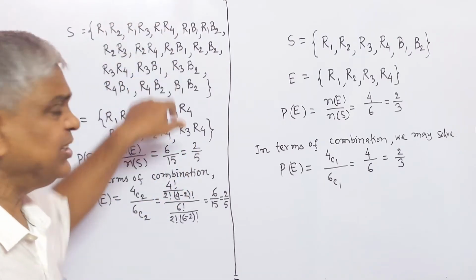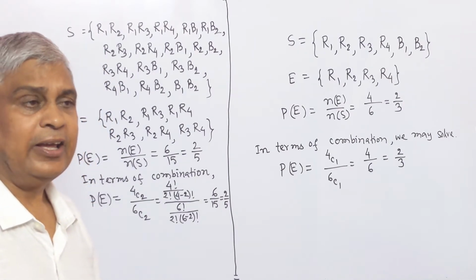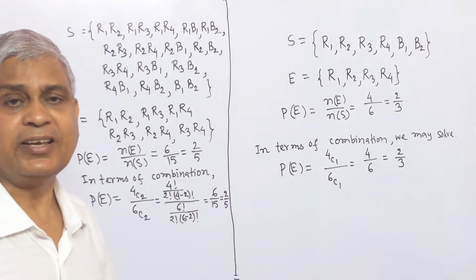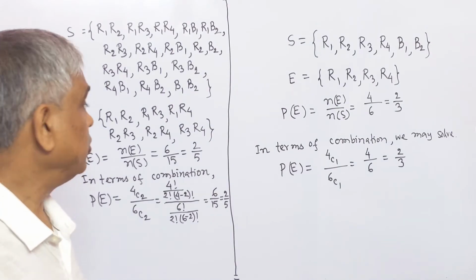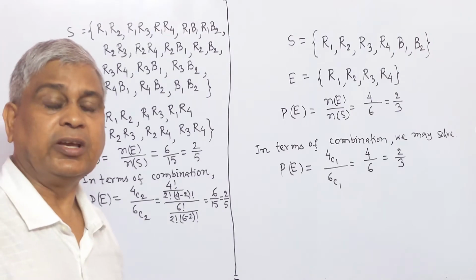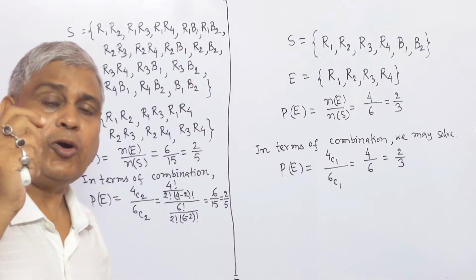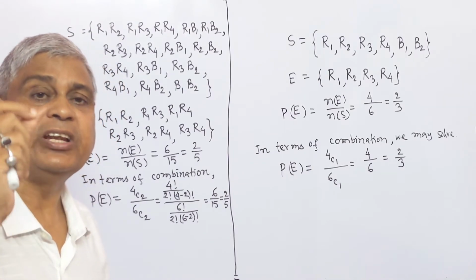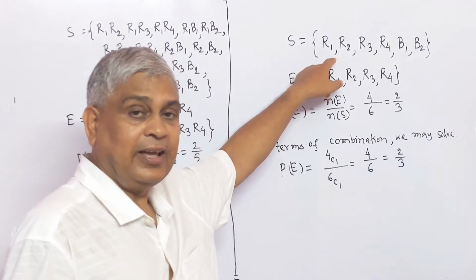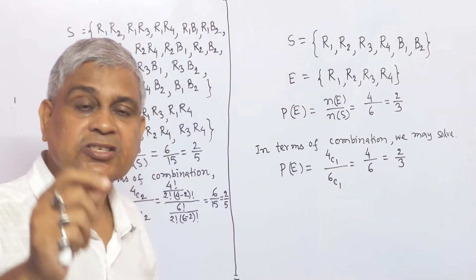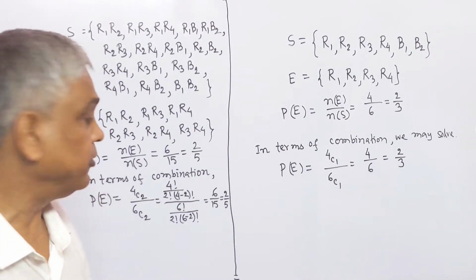Here we see that we have to write the sample space, and if the size of the sample space is large, then it is very difficult to write in the copy. So to cope with this situation, we use the help of combination. For getting the number of elements in the sample space, we have to select 2 balls out of 6 balls, that is 6C2. So the number of elements in the sample space will be 6C2.